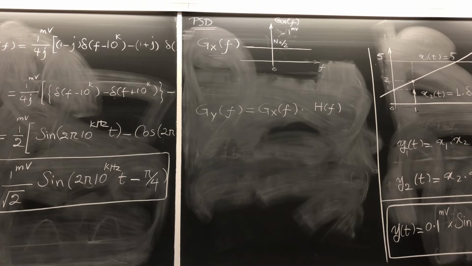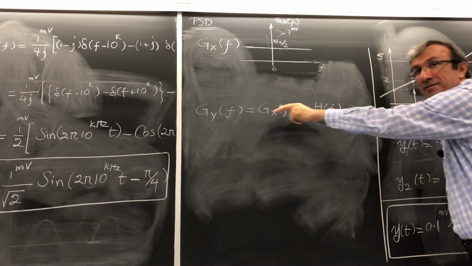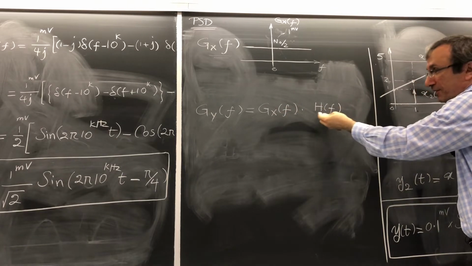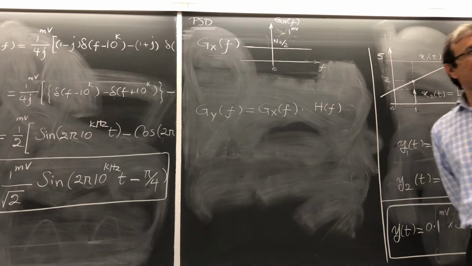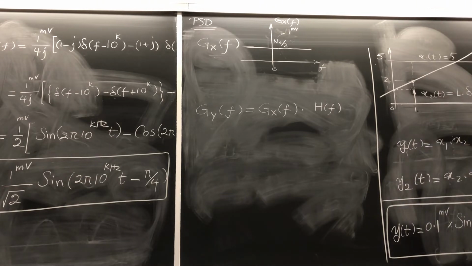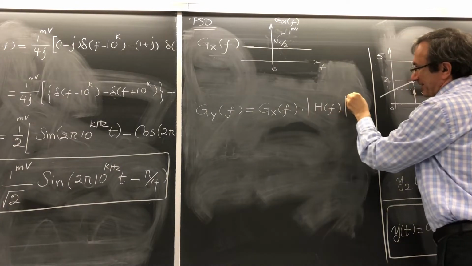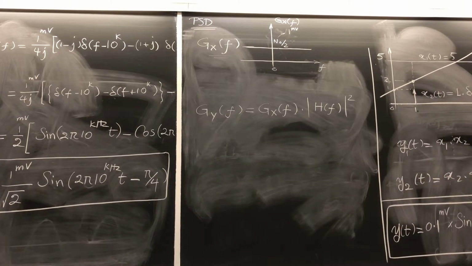That's a zero frequency. This is not correct. I'm just putting H of f here to mention that the transfer function has a role. Oh, yes, the transfer function squared, for PSD.